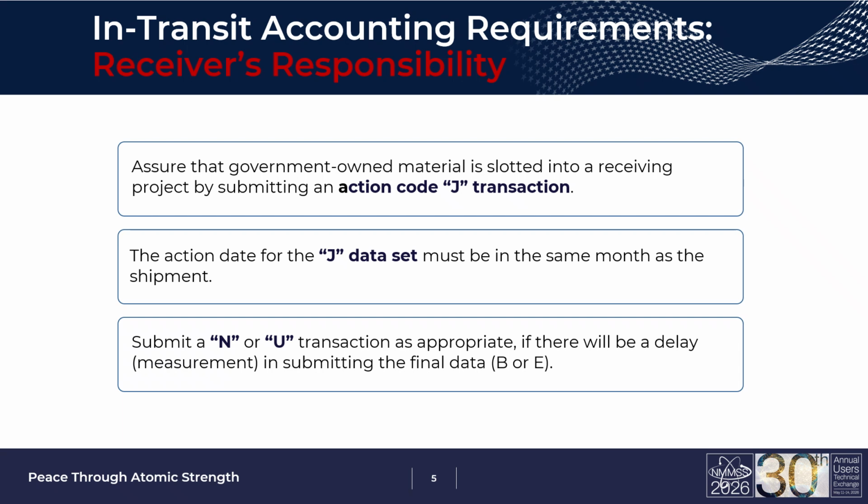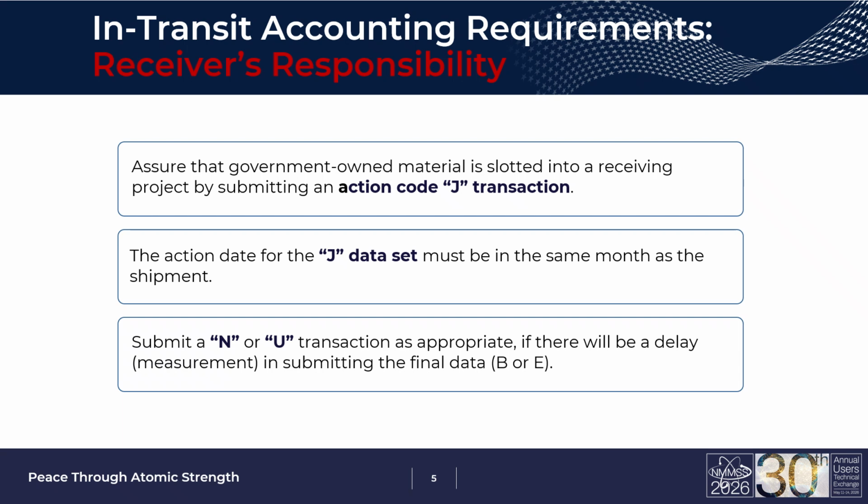In-transit accounting requirements being the responsibility of the receiver assure that DOE-owned material is slotted into a receiving project by submitting an Action Code J transaction Form 741 to NEMIS. Remember that the action date for the J Form 741 must be in the same month as the shipment.